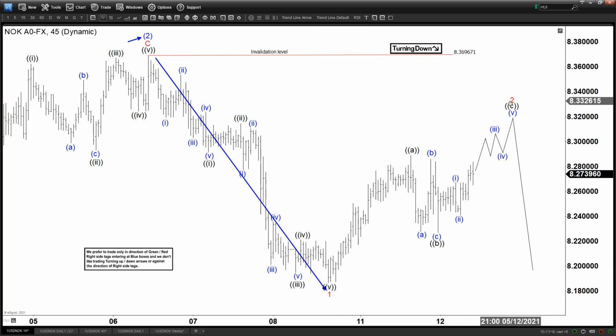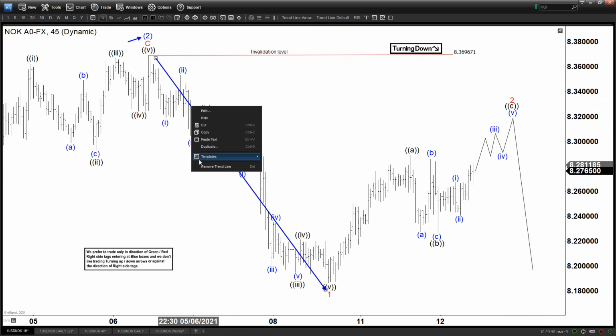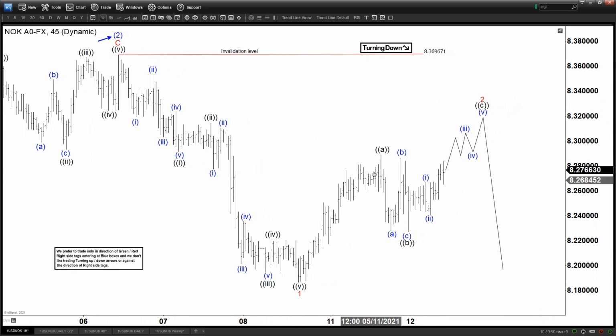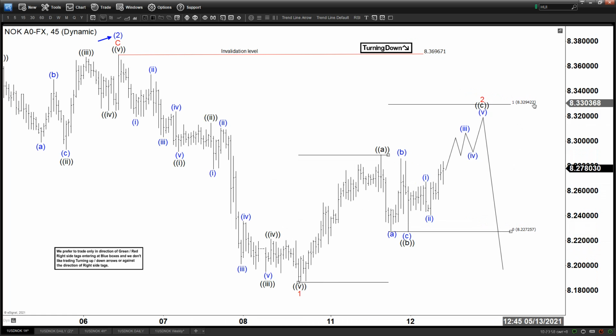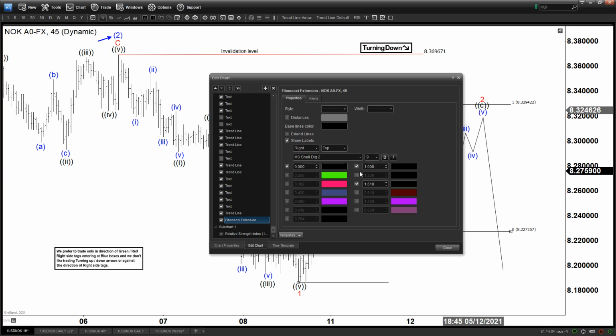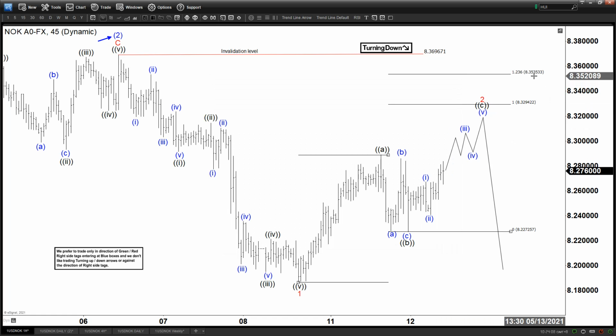Now the potential target from the wave 2 here in the minor degree can be just the 100% extension of this ABC zigzag. So it could be as high as this area here, 8.33, right? And then the 123.6% extension will be around 8.35.